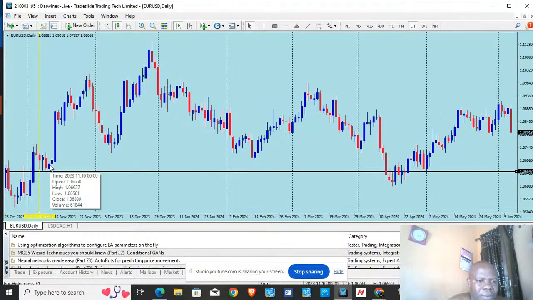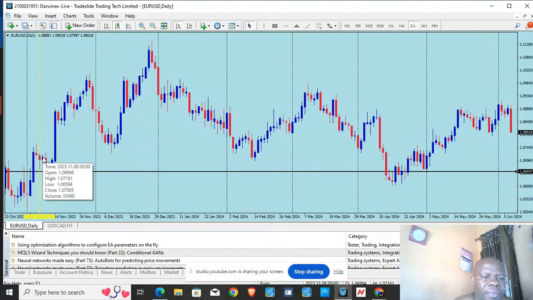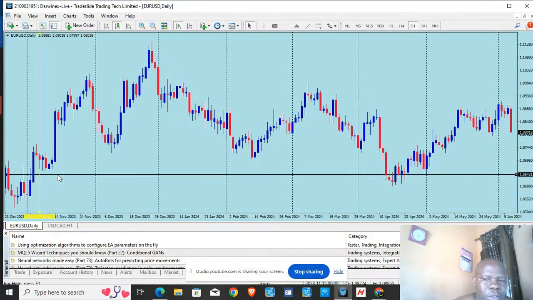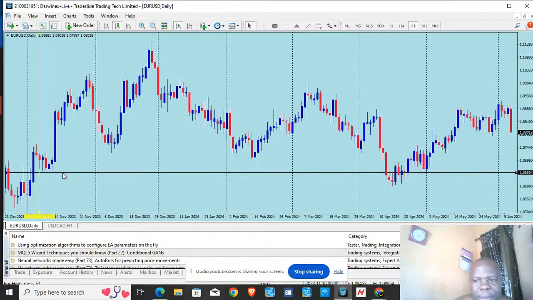Let's check the low of this, 1.0656. If somebody is entering here, being on dailies, you're supposed to give at least 10 pips.